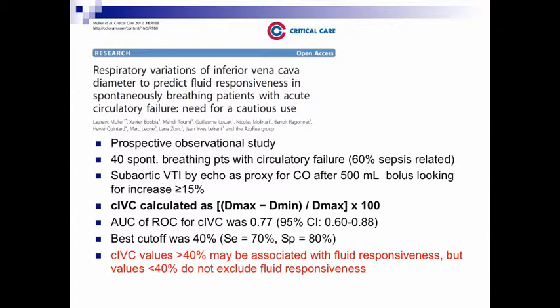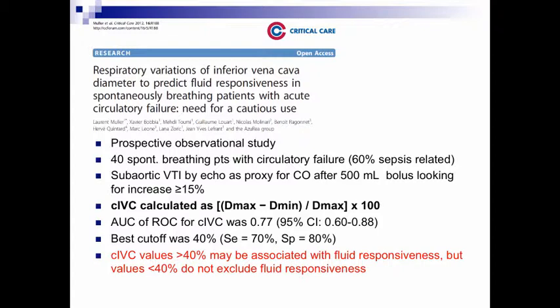Yeah. So what these guys did is that they calculated it using different formulas, and they worked out ROC curves for the different formulas, and they found that the area under the curve of the ROC analysis for this collapsibility IVC index was moderate, 0.8, 0.77 in that neighborhood.